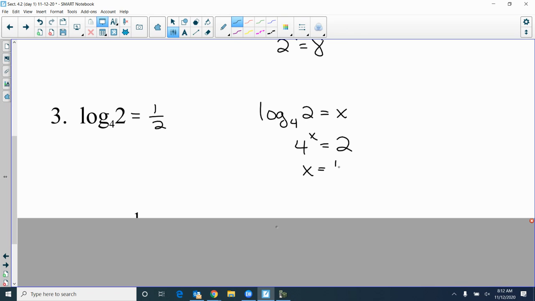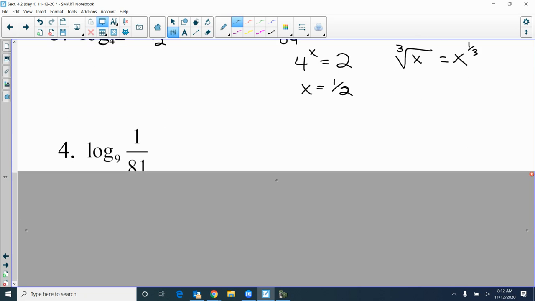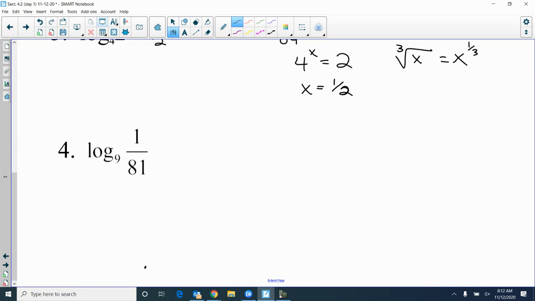Okay? X equals 1/2. Don't forget that the square root of a number is the same as the 1/2 power. The cube root of a number is the 1/3 power. Okay? All right, so take a look at this one and see what you come up with. Log base 9 of 1 over 81.